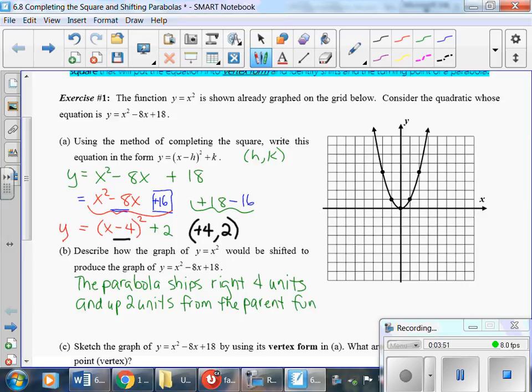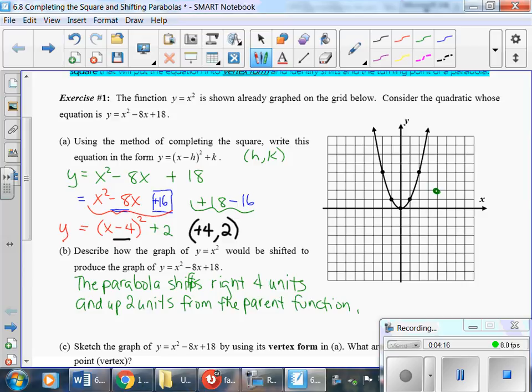Okay, so the parabola shifts right 4 units and up 2 units from the parent function. So in other words, where it would go is over 4, up 2 to right there.